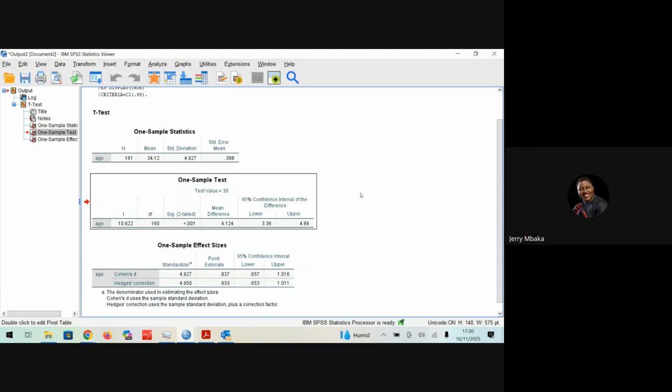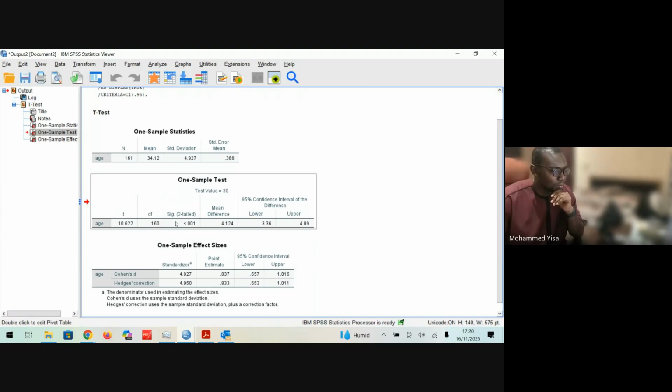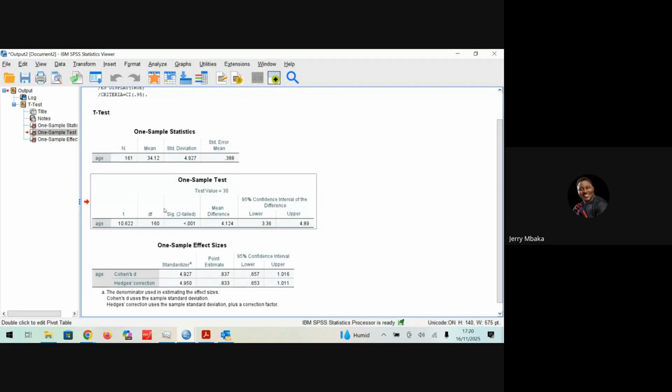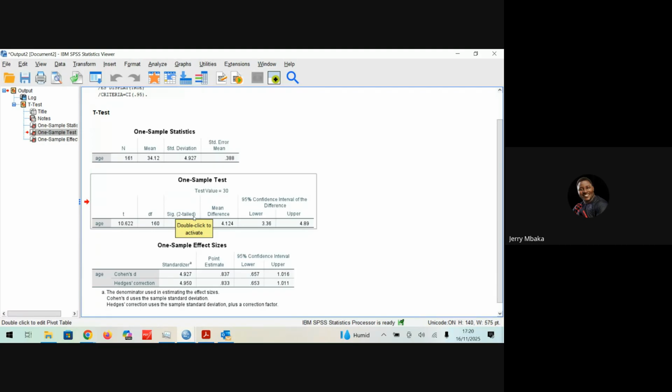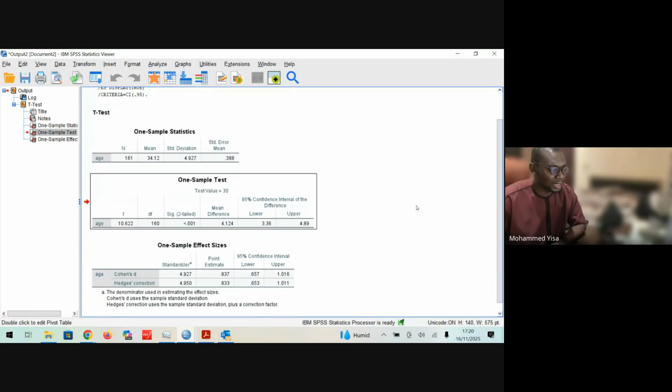Sorry, I have two questions. Why does it say two-tailed up there? Can you explain? Yes. These two tails mean that you are just trying to check if there is a difference between the sample mean and the test value.